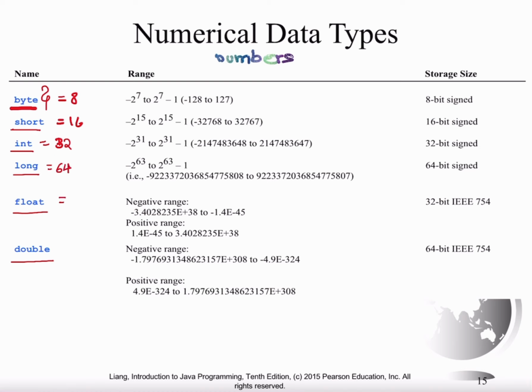Float is equal to 32 bits. And double is equal to 64 bits. Byte, short, int, and long are used for whole numbers, so numbers that don't have any decimal values, while float and double are used for numbers that contain decimal values.